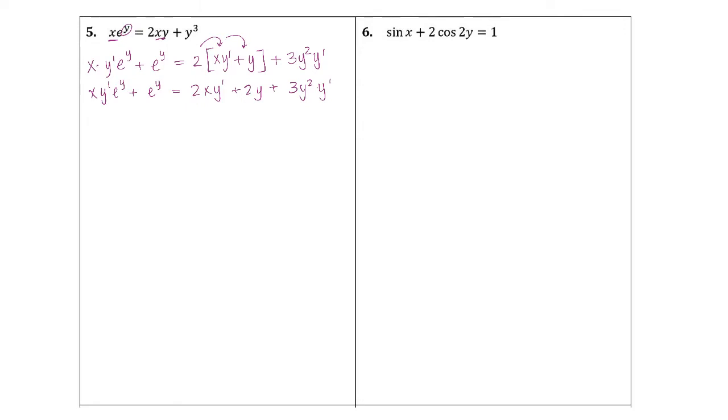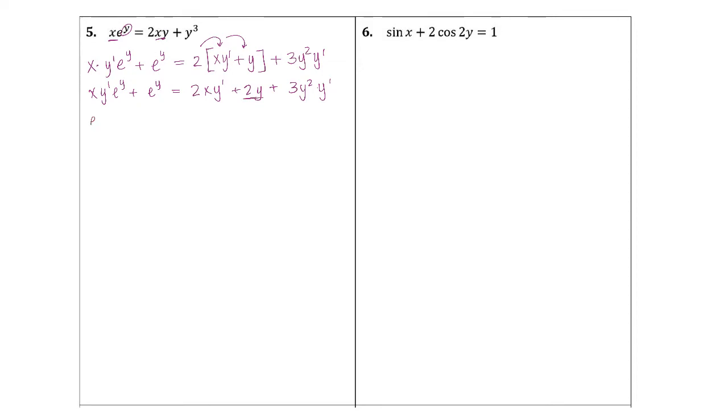Now let's see if we can get all of our y primes together. This time it looks like we have more y primes on the right side than the left. So I'm going to move everything I can over to the right side, and then everything that does not have a y prime over to the left.